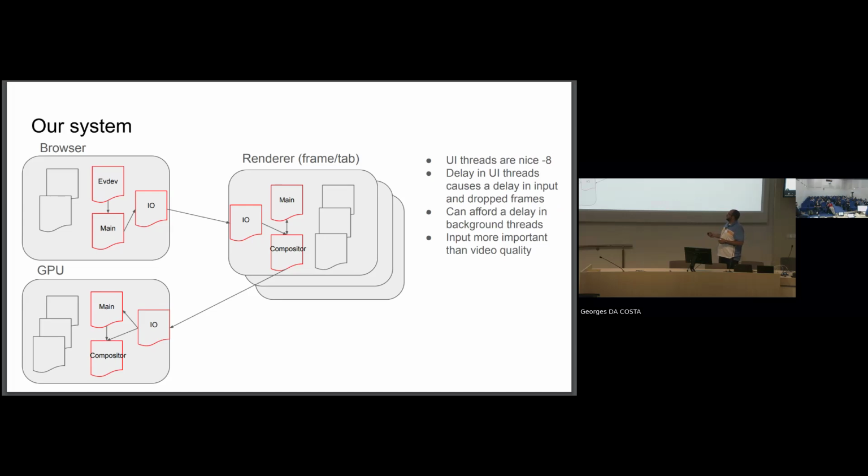So some of the settings we're using right now: the UI threads are using -8 for nice, and any delay in the UI threads can cause, as I mentioned already, dropped frames or input delay. We do prefer running UI threads over background threads, but we also prefer running UI threads over even normal threads.